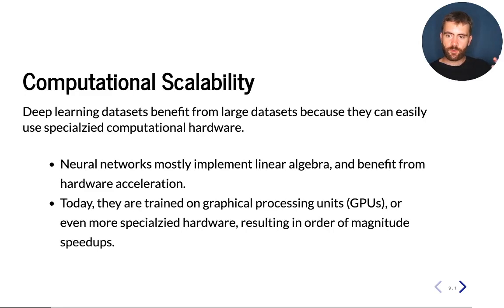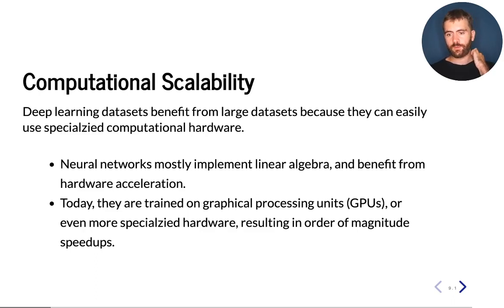Then the reason why we are able to use these kinds of data sets in the first place is that neural networks can benefit from particular specialized hardware. In other words, there are a lot of specialized tools, both software frameworks and types of hardware, such as graphical processing units, that enable scaling neural networks to really large data sets.